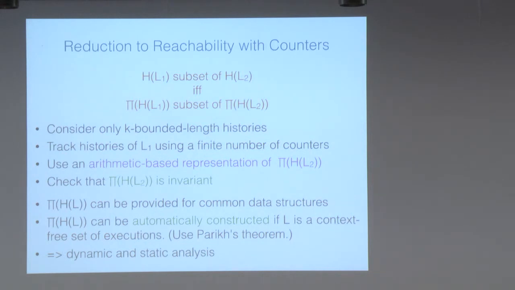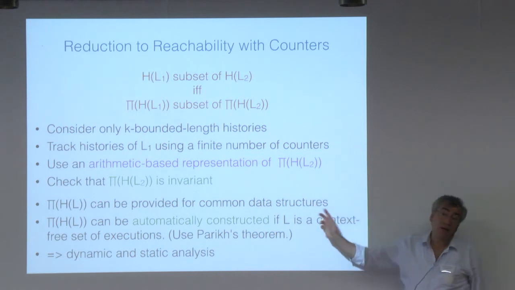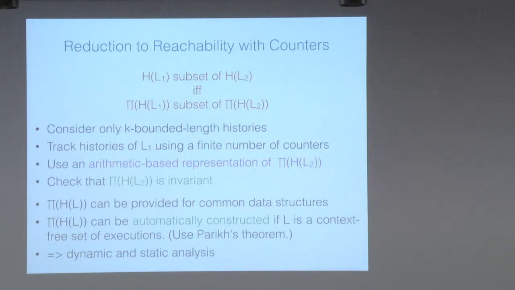Now, of course, the problem is how do we get these formulas? Well, what we have done is that you can show that for common data structures like queues, sets, whatever, these specifications, in some sense, can be given. You can define them and prove that they are sound and complete.